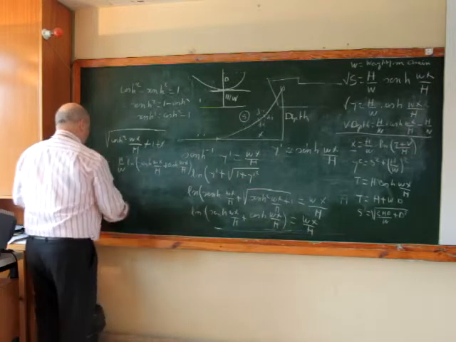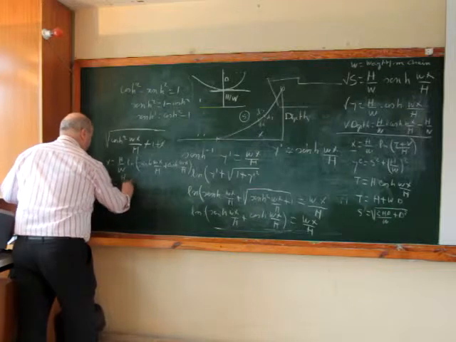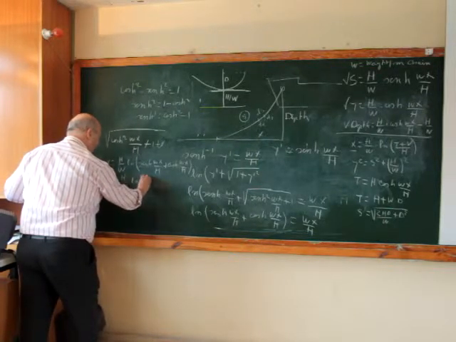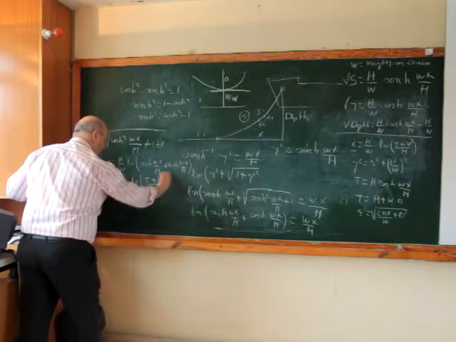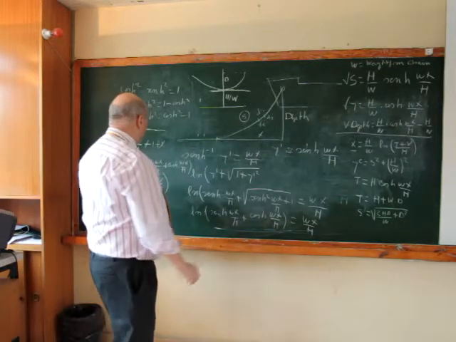And what we have to do now is to show, to prove, that this is equal to the tension plus the weight divided by h. And we will try to prove that.